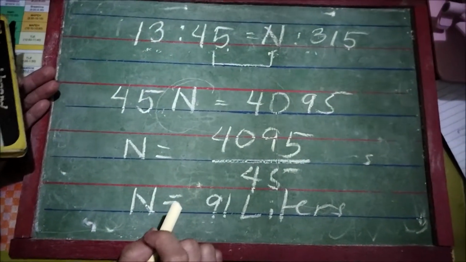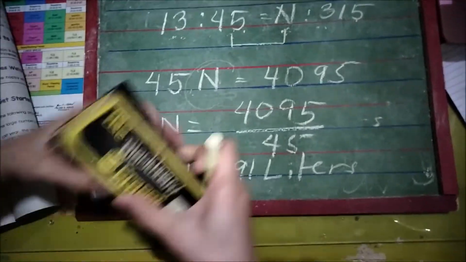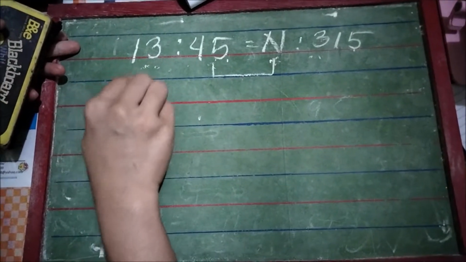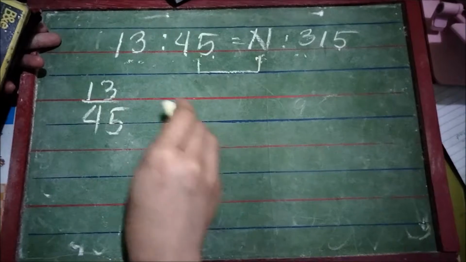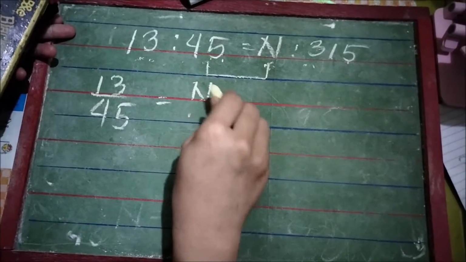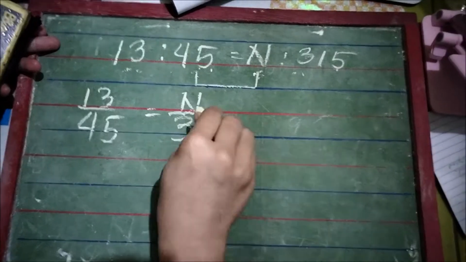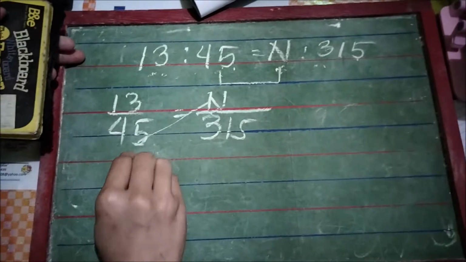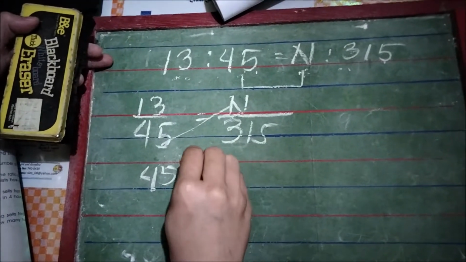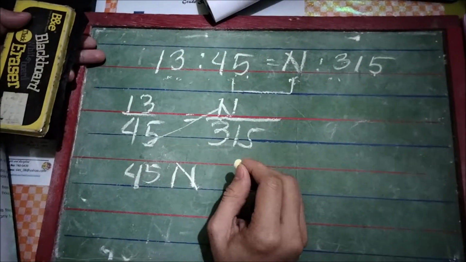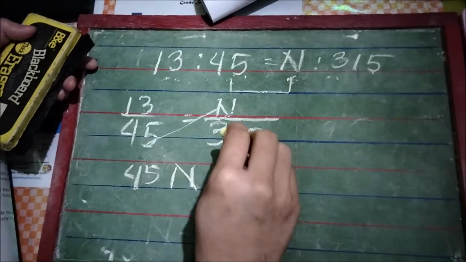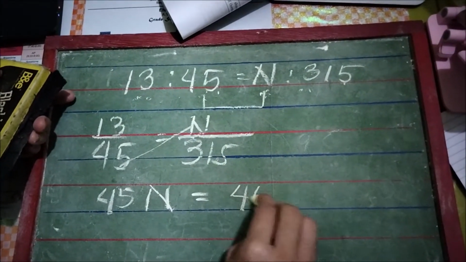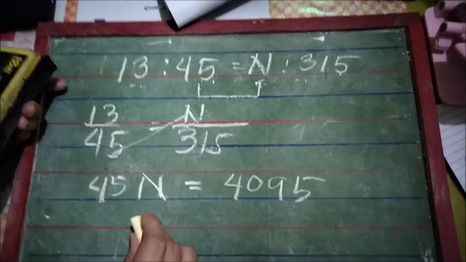Now, how about if you are going to use the fraction form? If we're going to use the fraction form, we have 13/45 equals n/315. So we have here 45 times n is equal to 45n, and then equals 315 multiplied by 13, which is 4095.